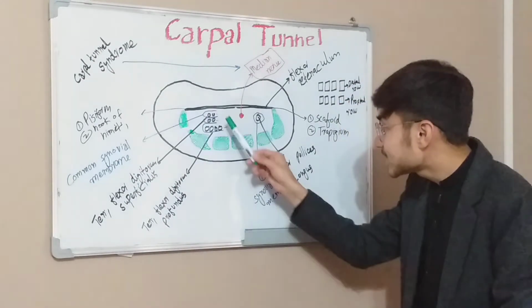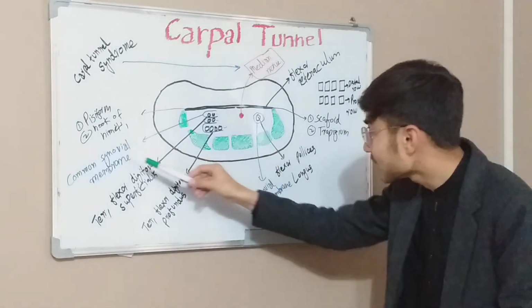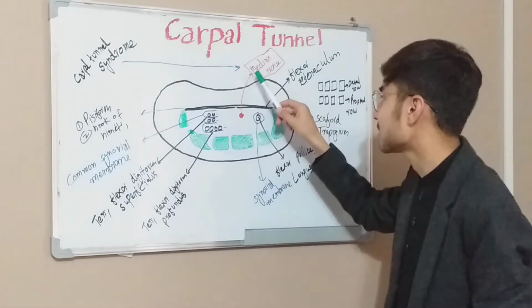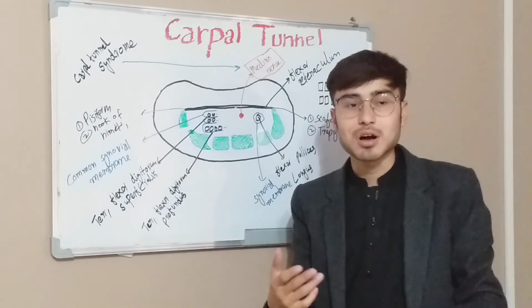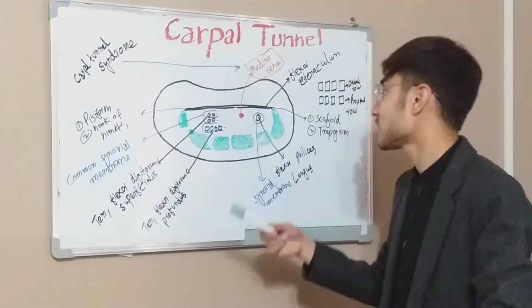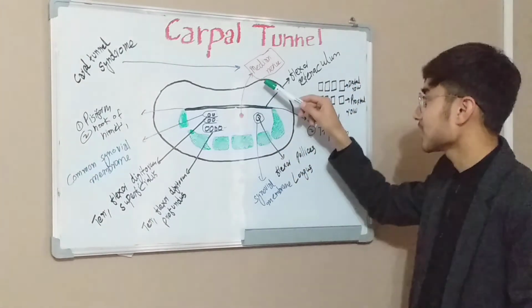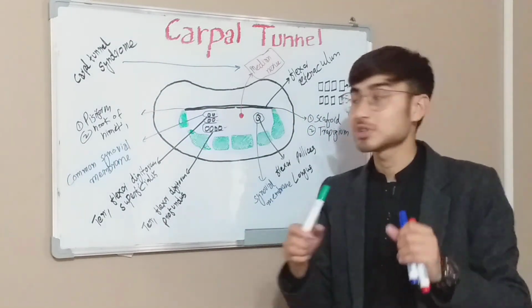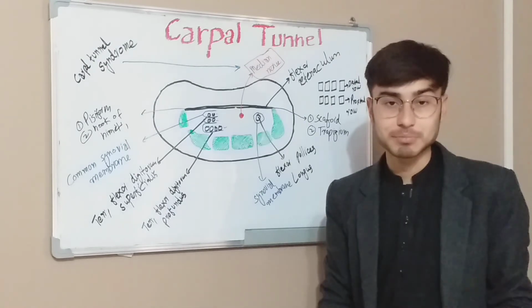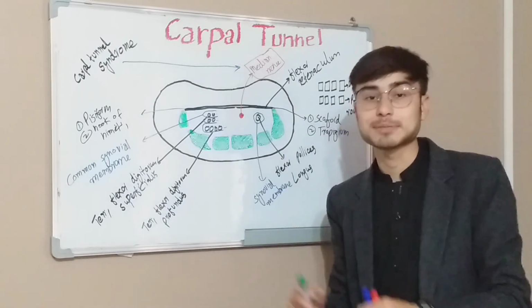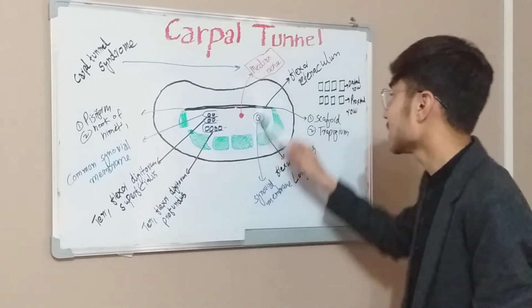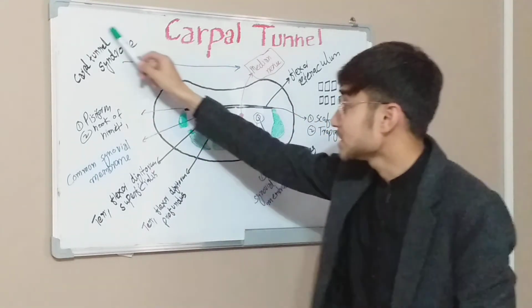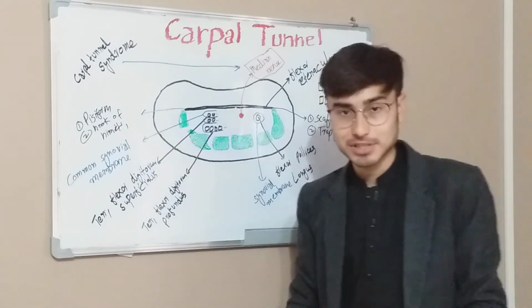Or if the tendons slip from the synovial membranes, then this might be another reason for the compression of the median nerve, or any trauma might be the cause of carpal tunnel syndrome, right? But you should remember that carpal tunnel syndrome is basically a condition in which the median nerve is being compressed, right? So that very condition is called what? The carpal tunnel syndrome, right?